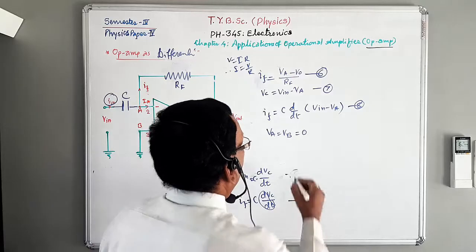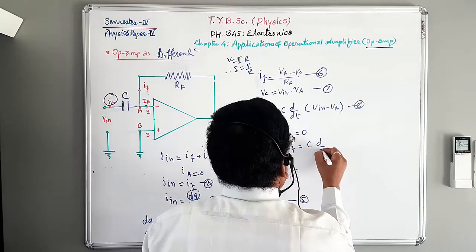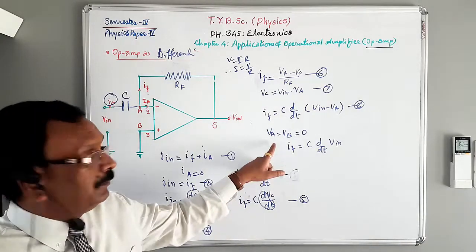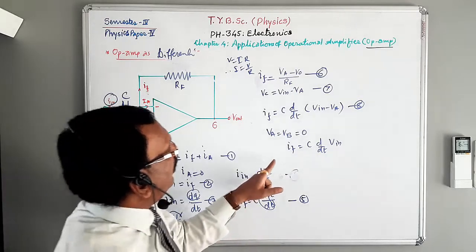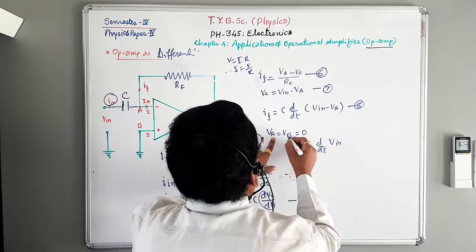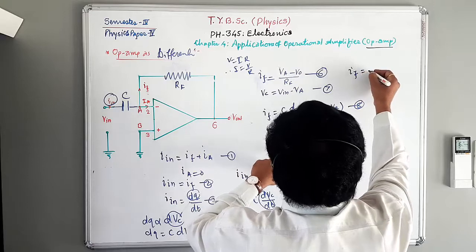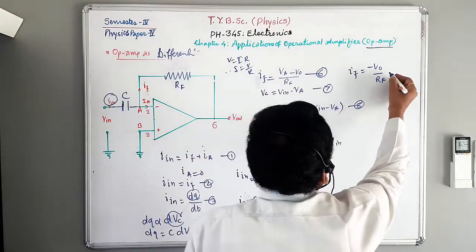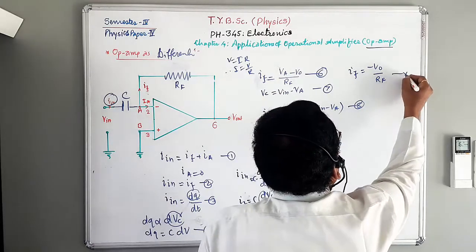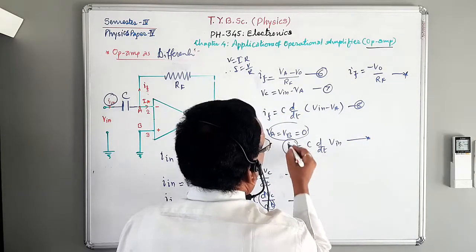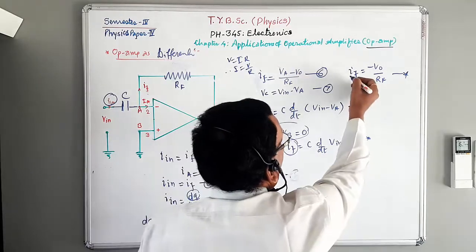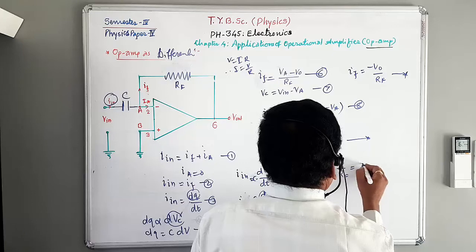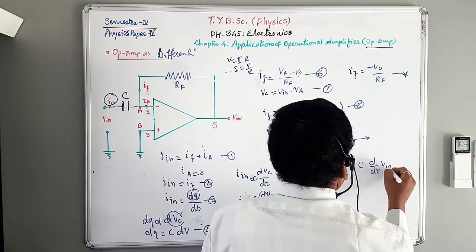When we substitute the value of V_A as 0, we have I_F is equal to C d by dt V_in. Similarly, I_F is equal to minus V_0 upon R_F. Equating these two equations, minus V_0 upon R_F is equal to C d by dt V_in.